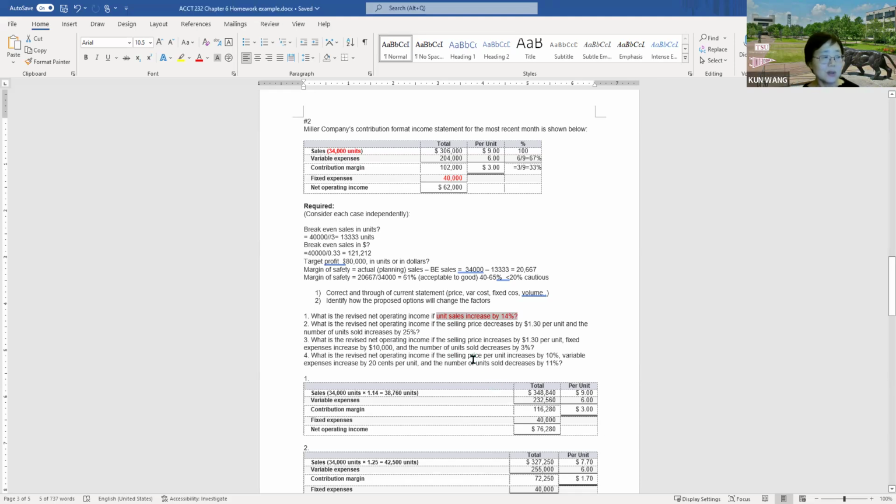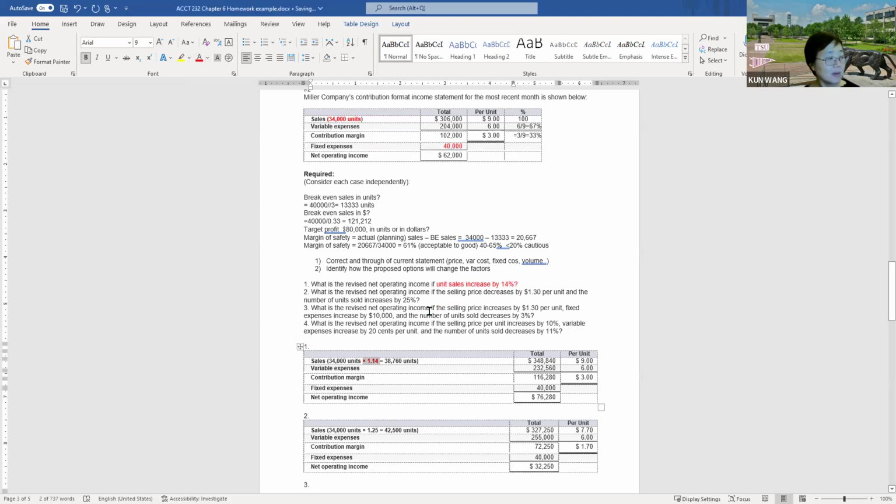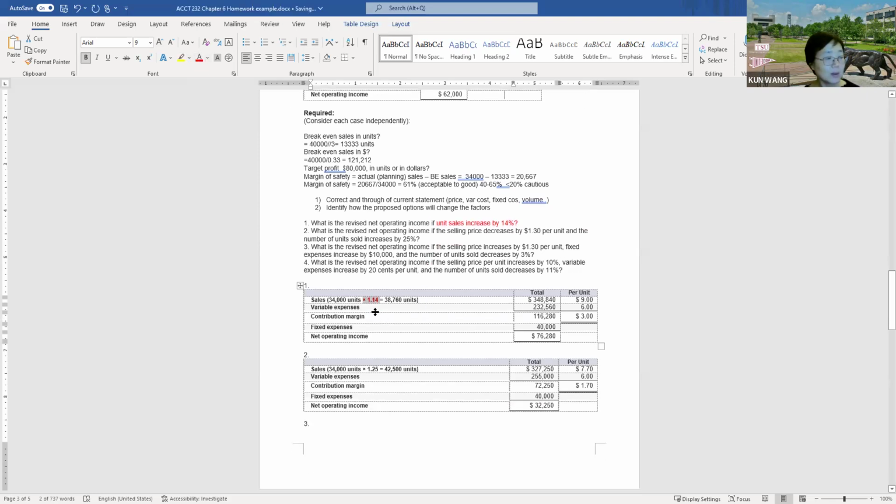So if I change the sales volume by increasing by 14%, that's why you see in the solution parts, we multiply the current sales volume by, I hope you know how we got this 1.14, right? That's 1 current plus 14%. So totally we converted it to the decimal, 1.14.